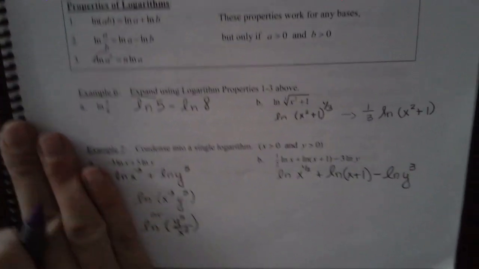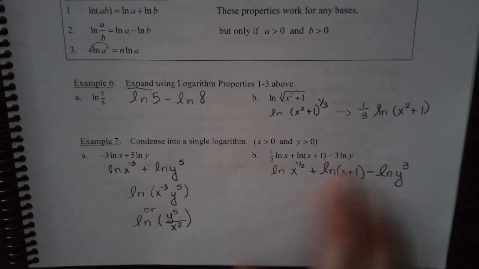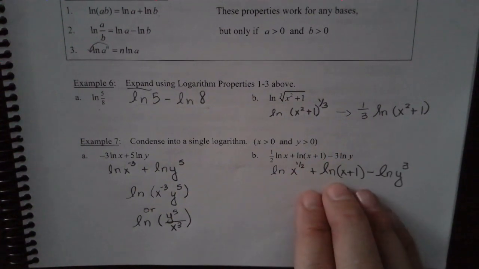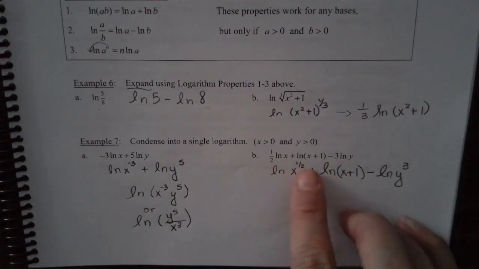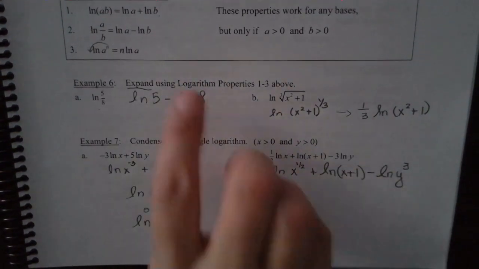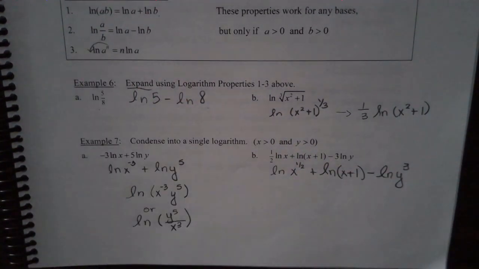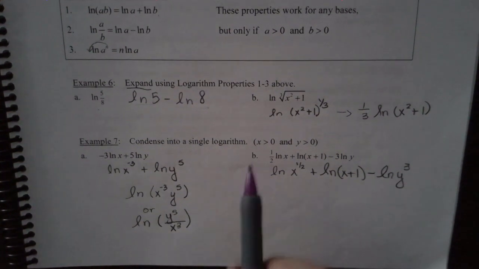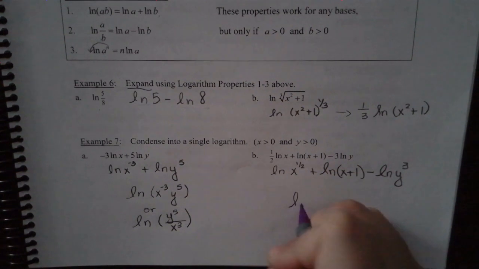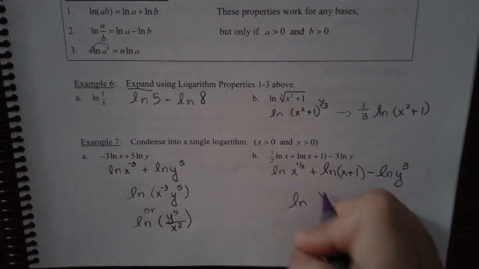Now, some of your teachers last year might have made you do this separately. I tried to show my students the quickest way. So if it's addition, remember it's multiplication. If it's subtraction, it's division. So if it's a positive in front, so these two terms are positive, it is automatically going to go into the numerator.